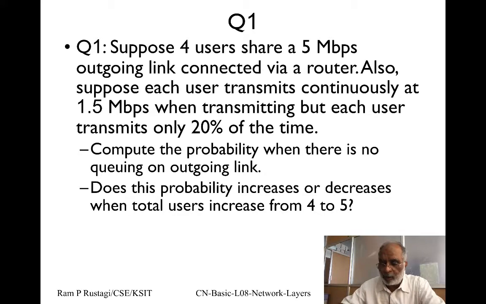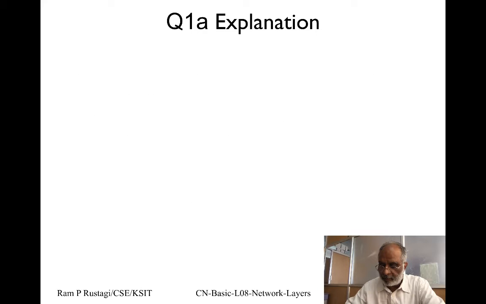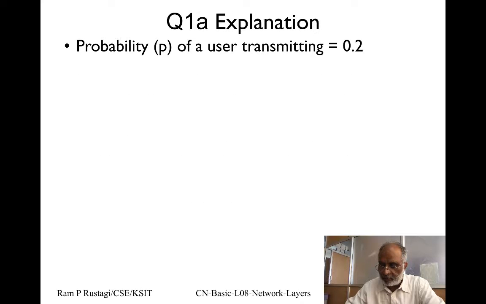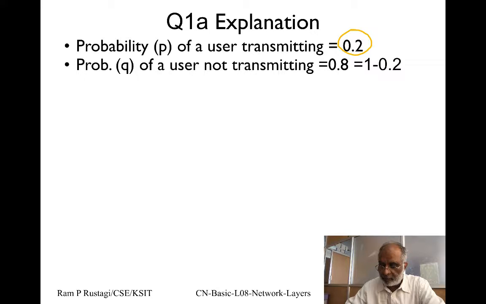So assuming you have worked it out, let's discuss what the answers would be. Now we are given that the probability of a user transmitting is 0.2, because a user transmits only 20% of the time. Further, we are given a total of 4 users, and if the probability of a user transmitting is 0.2, that means the probability of a user not transmitting is 0.8, which is 1 minus 0.2.